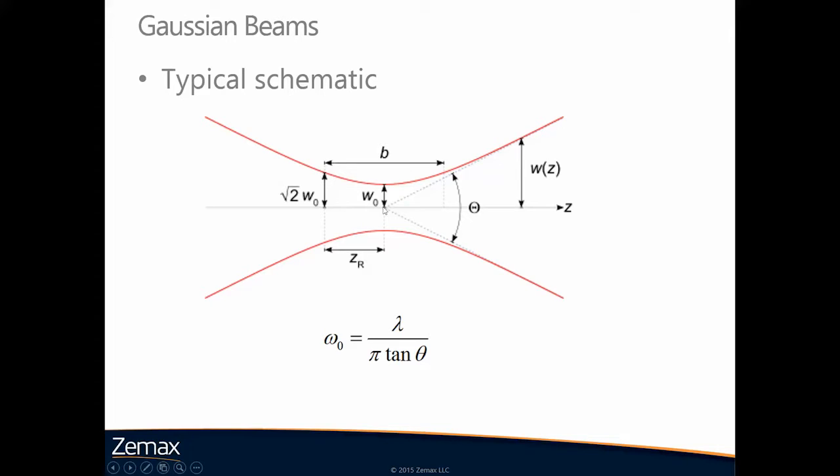If you think of this as a point source with some divergence angle theta, then at large z distances, the Gaussian beam does look like a point source, and its size increases linearly with distance. But inside the Rayleigh range, the size variation is more complicated.